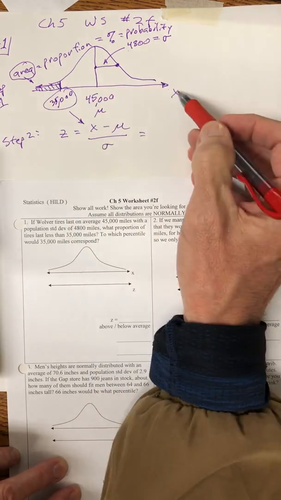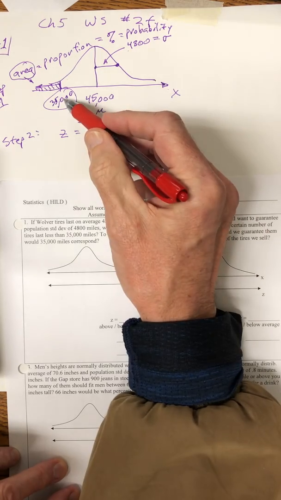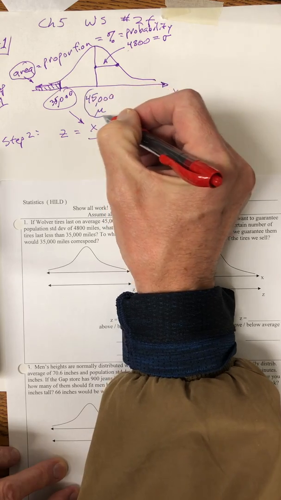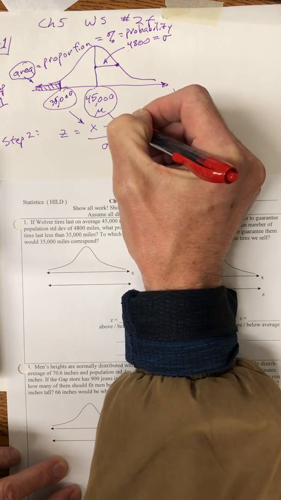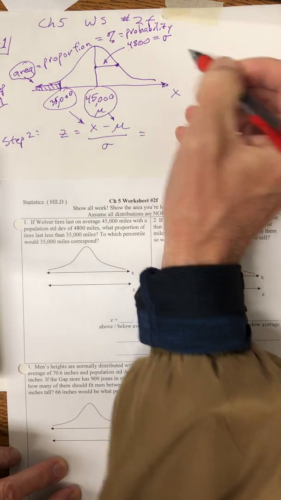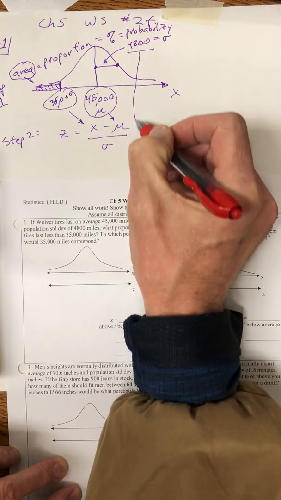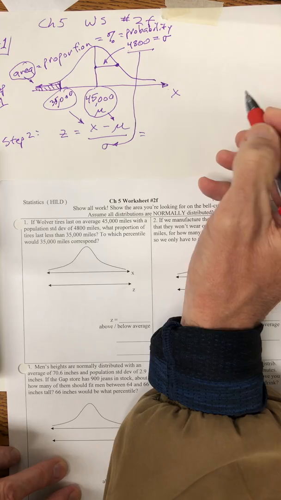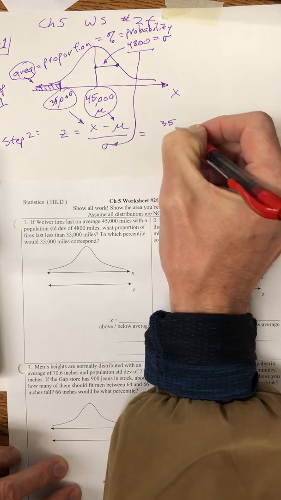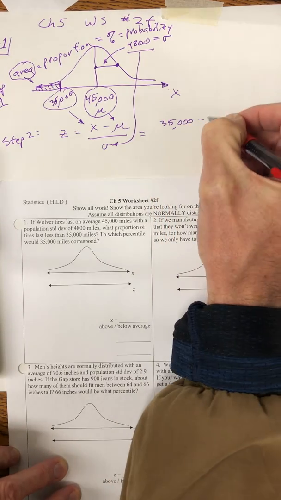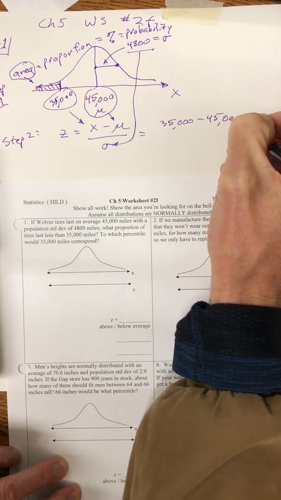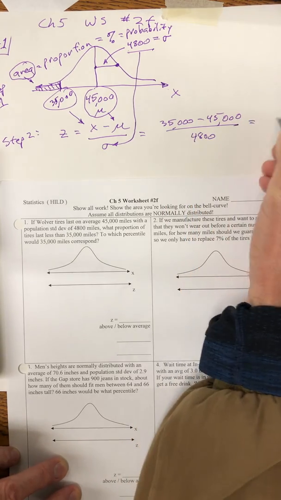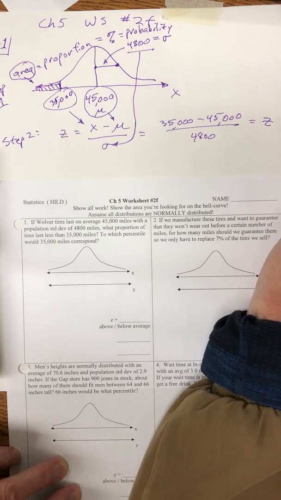The side-to-side axis is the x-axis, and that's 35,000 miles on that x-axis. Mu is going to be the number in the middle, and of course the standard deviation is sigma, which goes on the bottom. So it's going to be 35,000 minus 45,000 divided by 4,800, and that's going to equal Z.